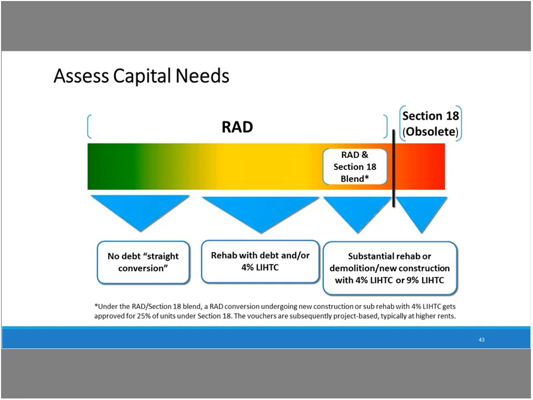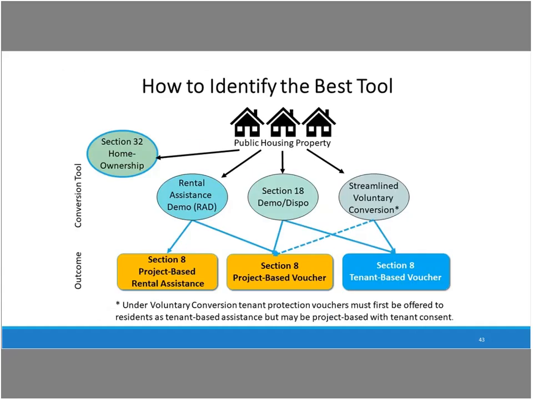So depending upon where your building fits on that continuum, you can think about what strategies are best aligned with your needs. And again, this would go on top of thinking about these strategies. Again, is it RAD, is it Section 18, is it PBRA or PBV?